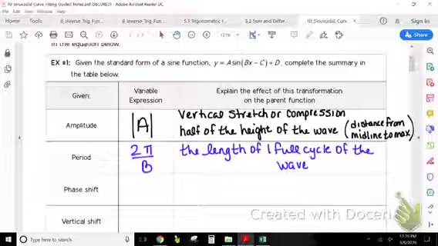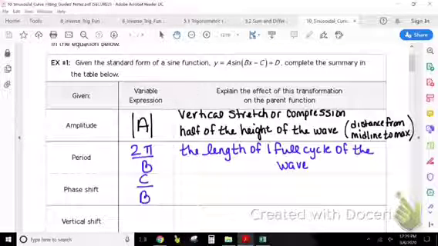Now the phase shift. And be careful because remember we looked at the equation written two different ways. We looked at it with B inside the parenthesis and we looked at it with B being common factored out at the front. This one has it inside the parenthesis. So how do we find the phase shift? C over B. There's the key.